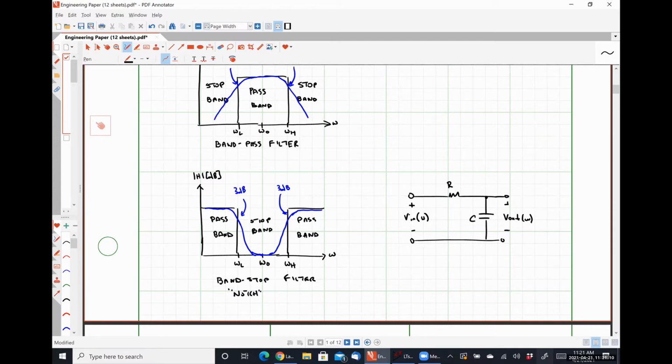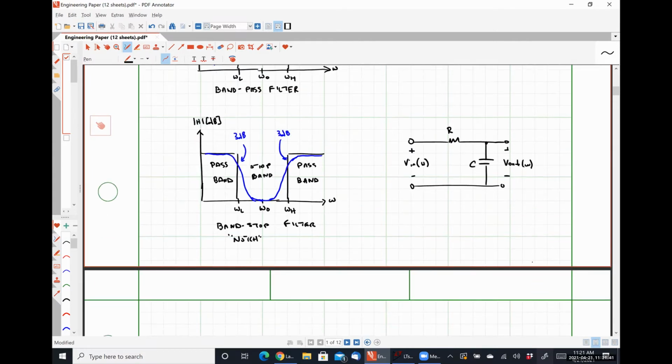And the reason why it works as a filter is because at very low frequencies, C looks like an open circuit, which means V out is exactly equal to V in. And at very high frequencies, C looks like a short circuit, which means V out is equal to 0. So it passes low frequency signals and attenuates high frequency signals. So this is an example of a simple first order low pass filter.